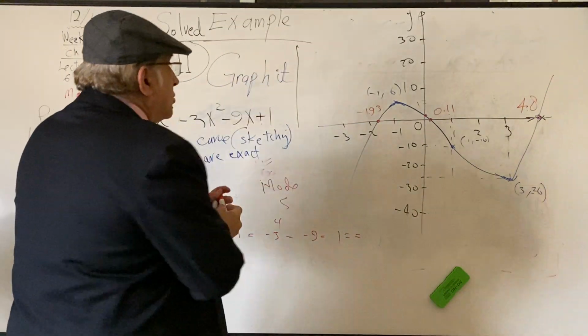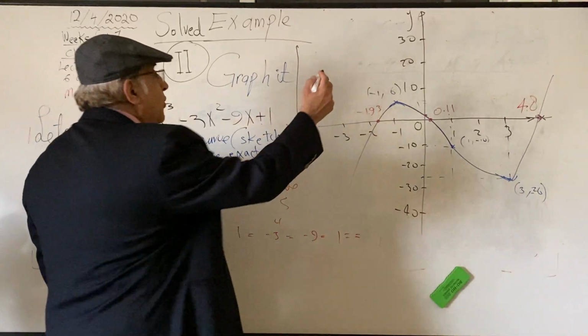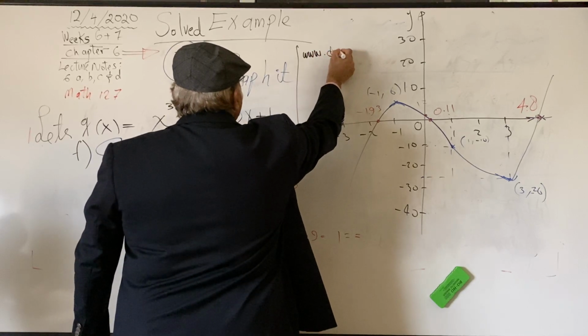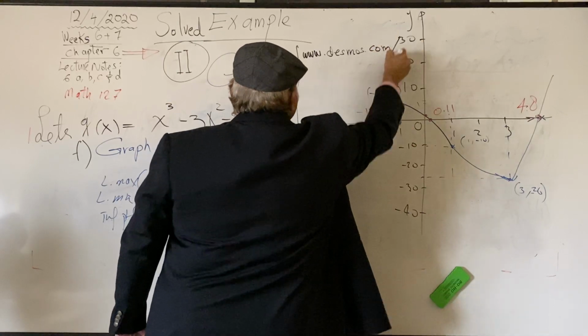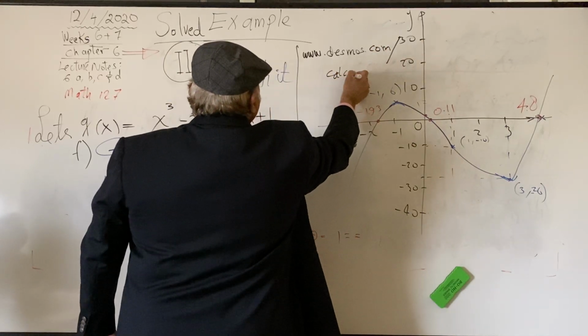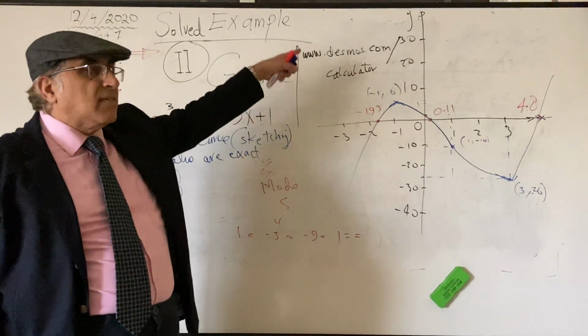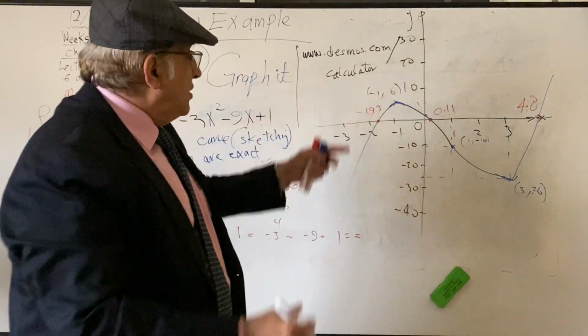If you want to make sure and you don't want to give yourself a hard time, why don't you check it out with www.desmos.com/calculator. Remember, we use that software a lot in Math 1. Put it there, enter the equation, double check.